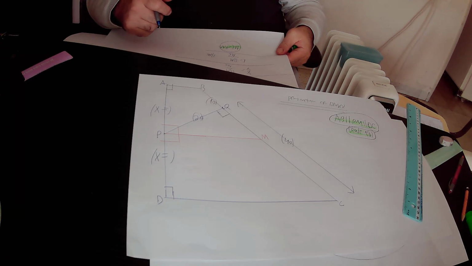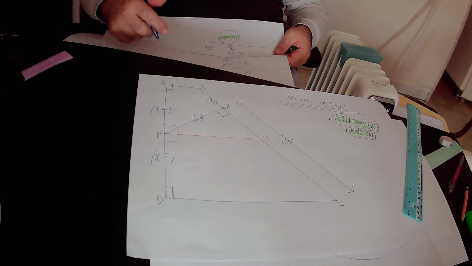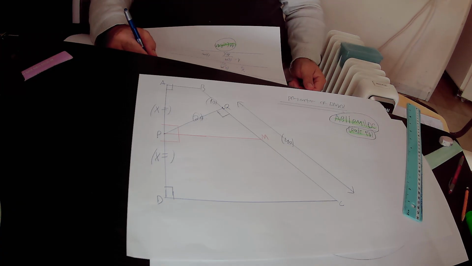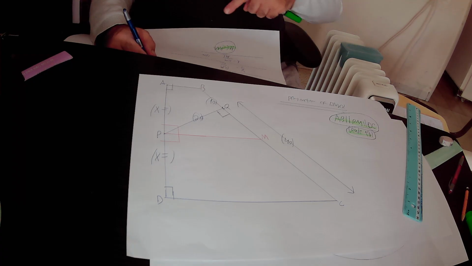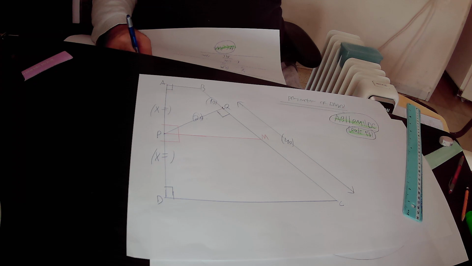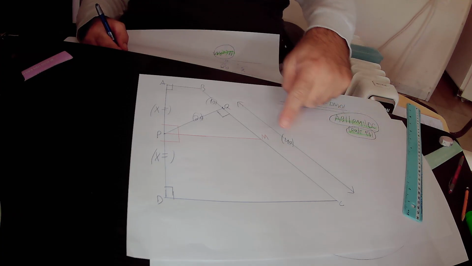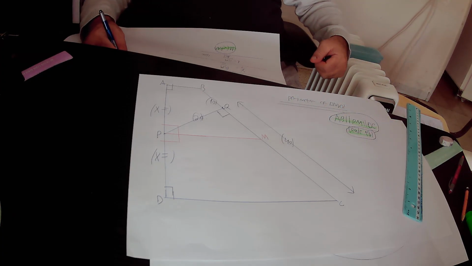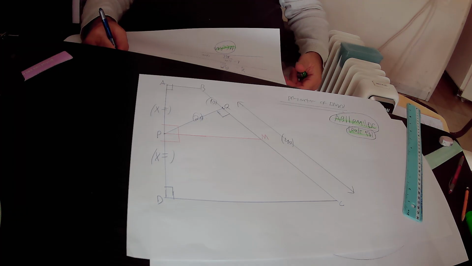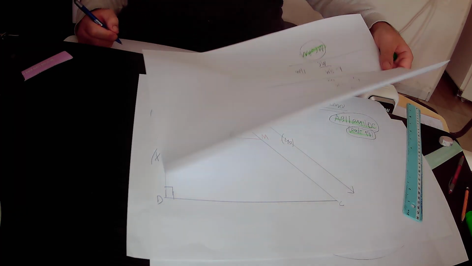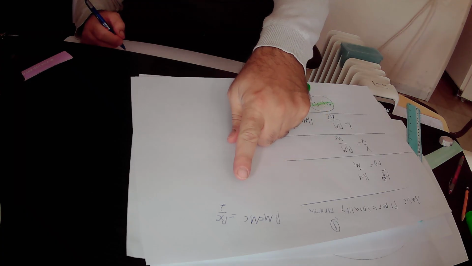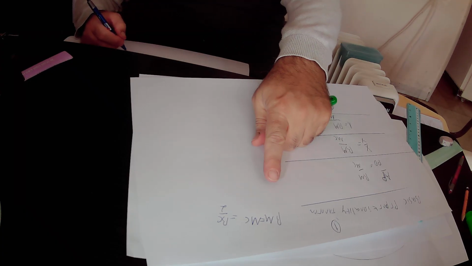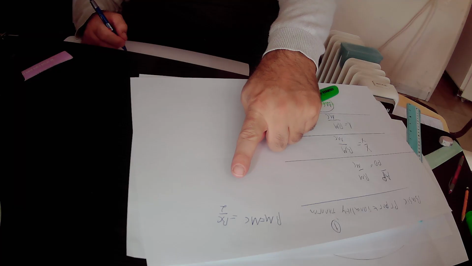So we found out that according to the basic proportionality theorem, BM equals MC. The first half BM equals the second half MC. Each half must be equal to BC over 2.